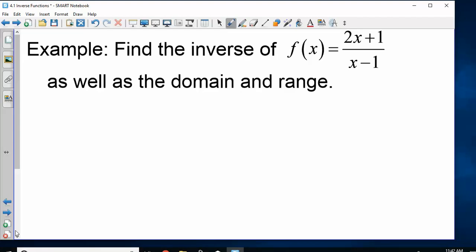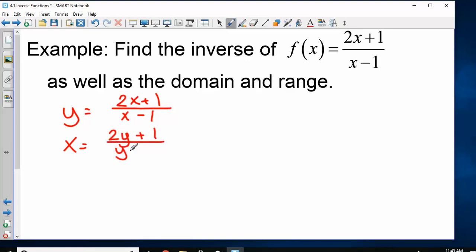So step 1 becomes y equals, step 2. So it becomes x equals, I have 2 x's in the original, so those both become y's. Okay, I am trying to solve for y.